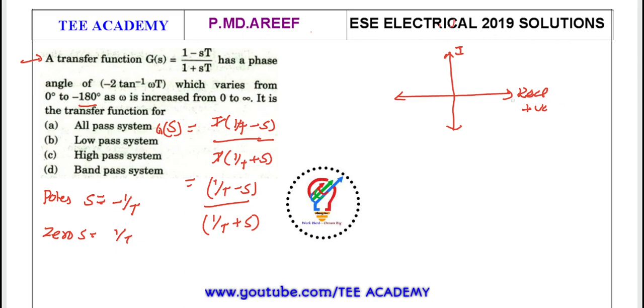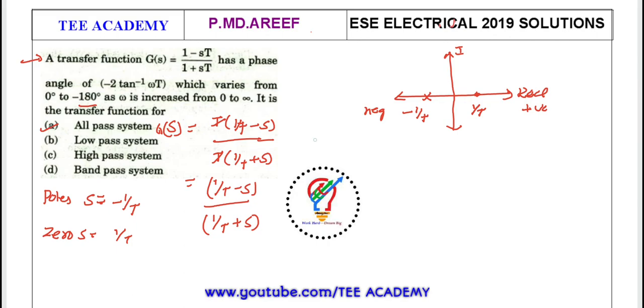So real positive here and real negative here. Now if we draw this s plane, the pole will be here at -1/T, and the zero will be here at 1/T.